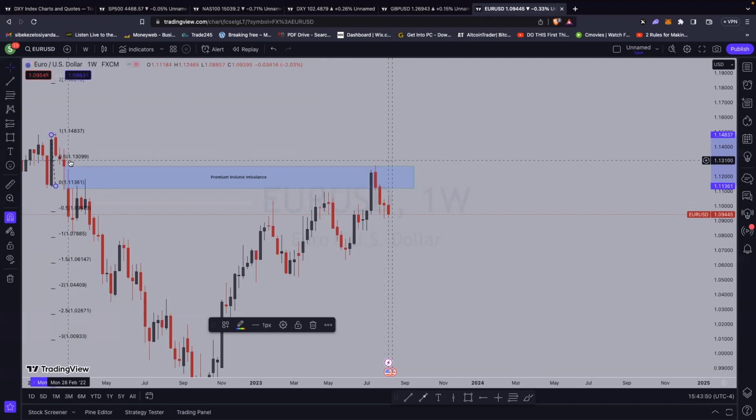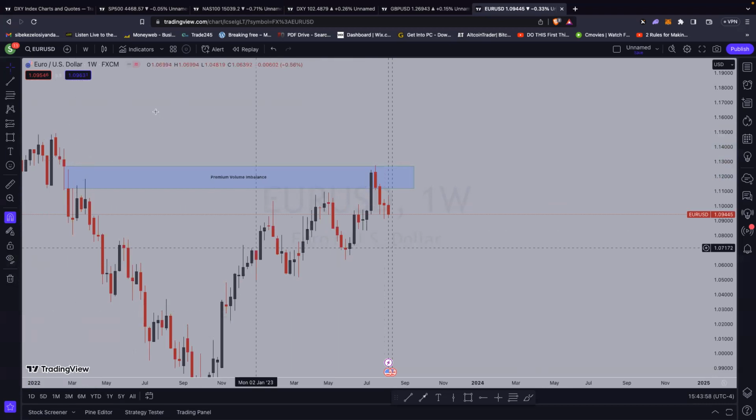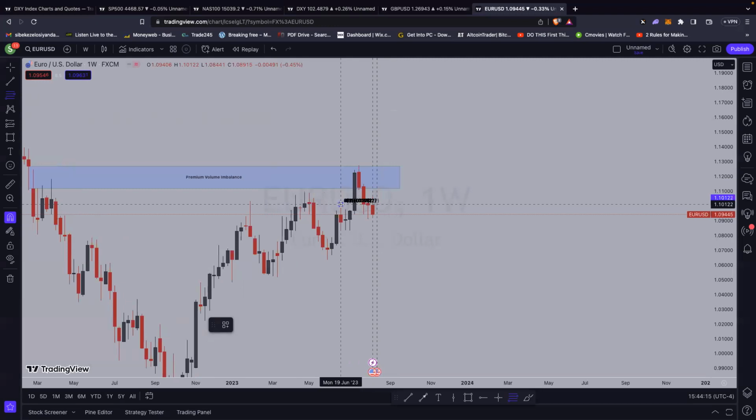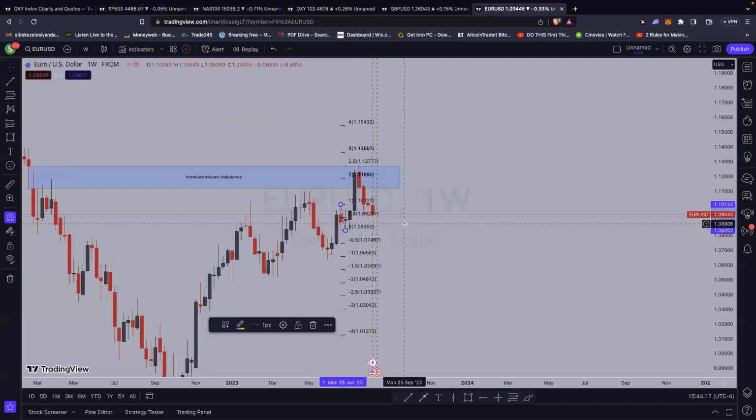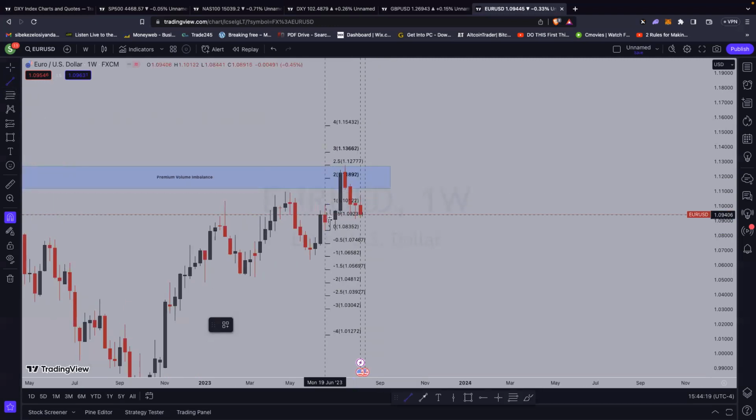Not really. We couldn't reach the CE, but we traded up into that volume imbalance, and then we printed a bearish institutional order flow. So coming back down here, we had that buy side imbalance, sell side inefficiency, which was filled completely. We hit the order block. I believe we reached the CE here. Let me annotate that.